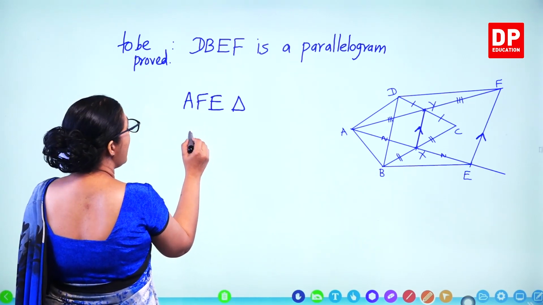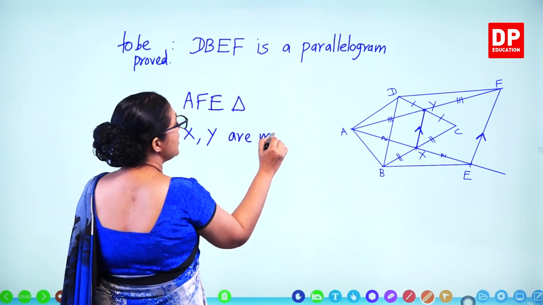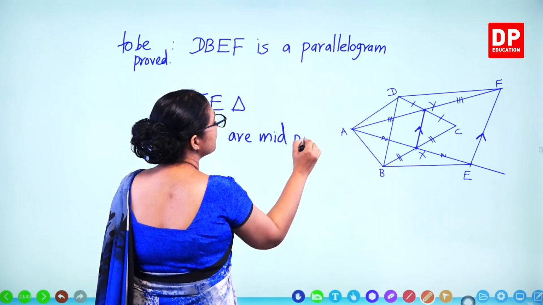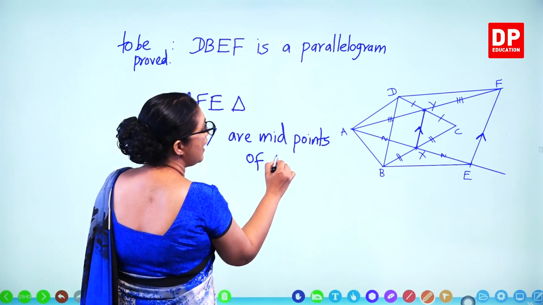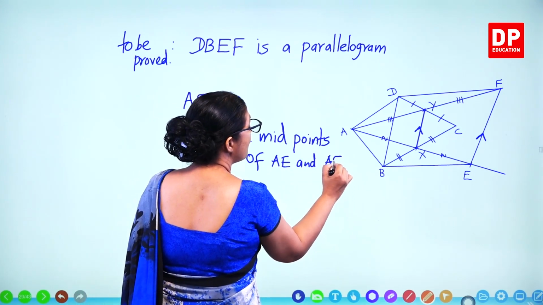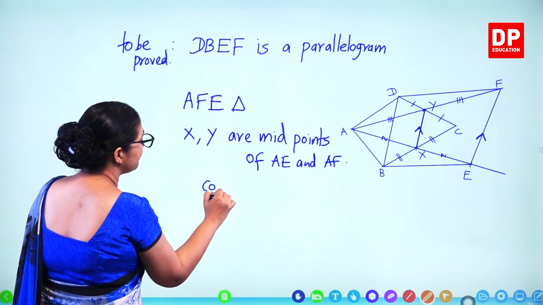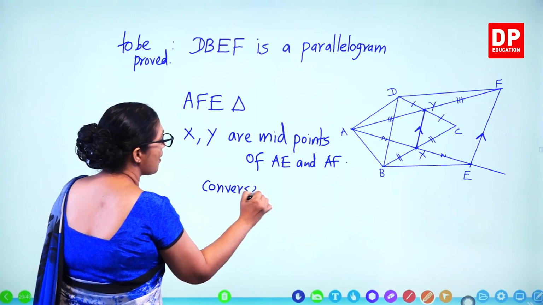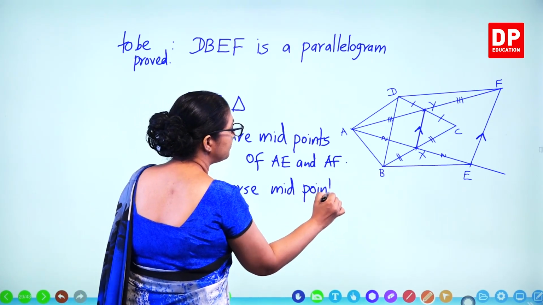You can say X, Y are midpoints of AE and AF according to the converse midpoint theorem.